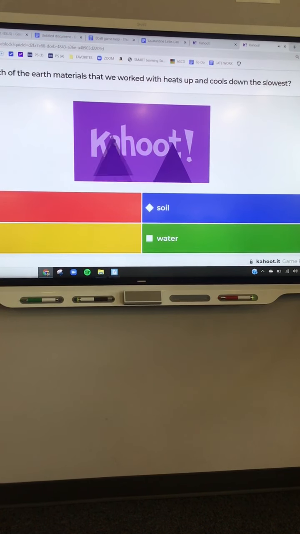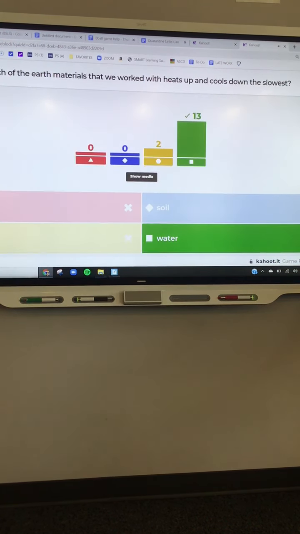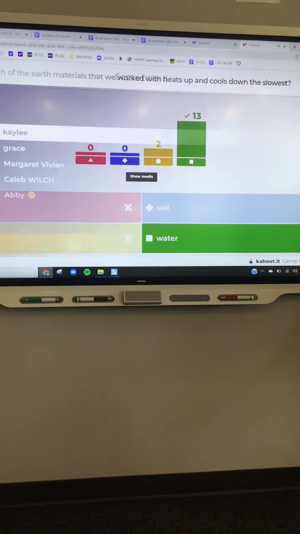I picked water. Correct. Two got it wrong.